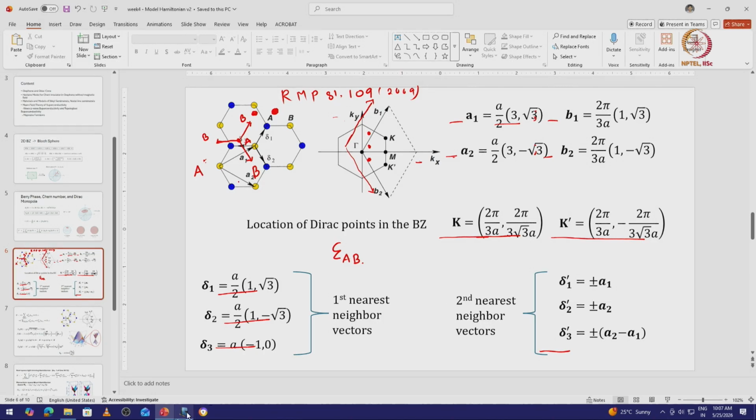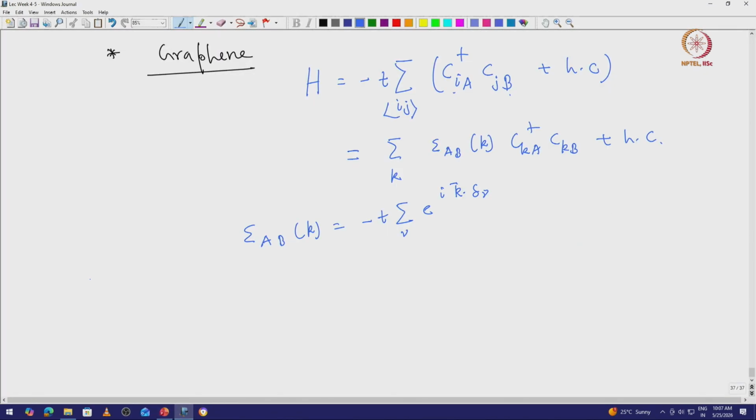I generally call it minus t f_k, where f_k is this part.